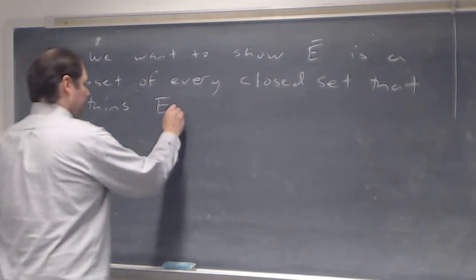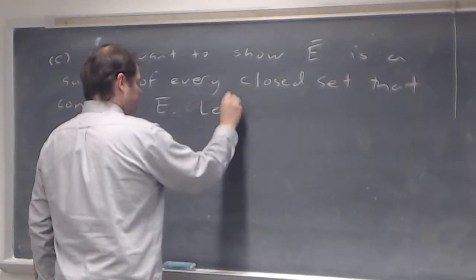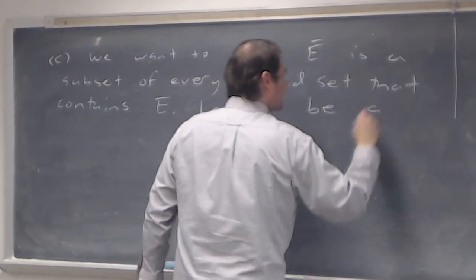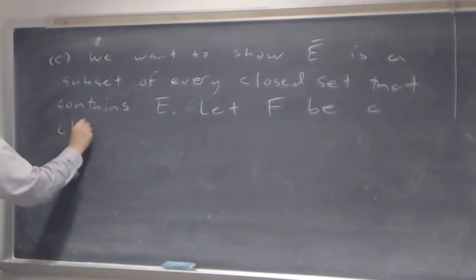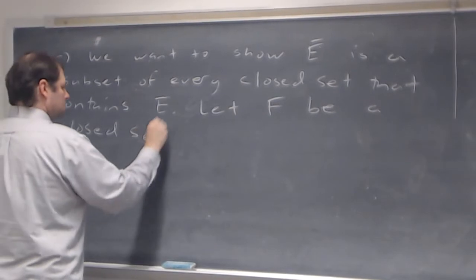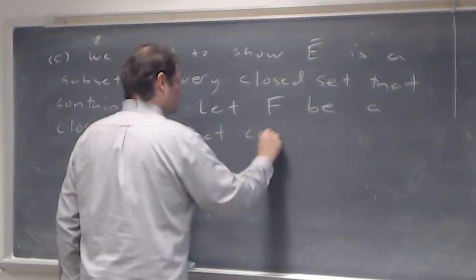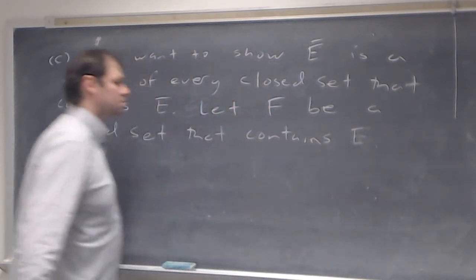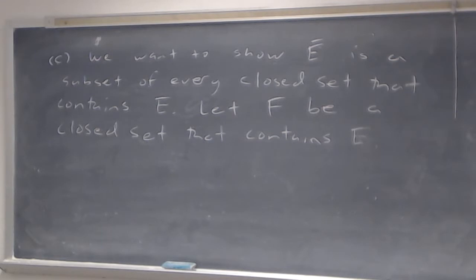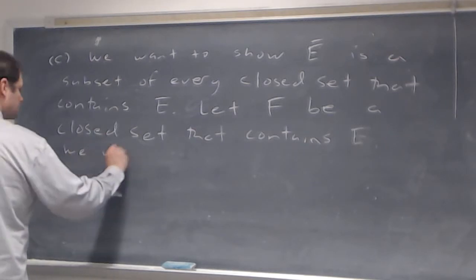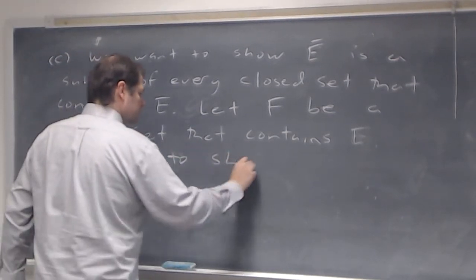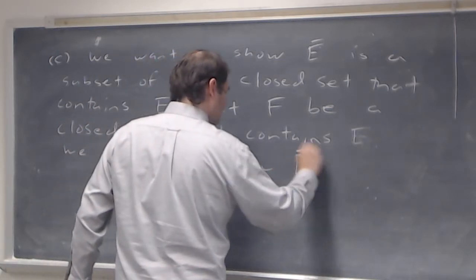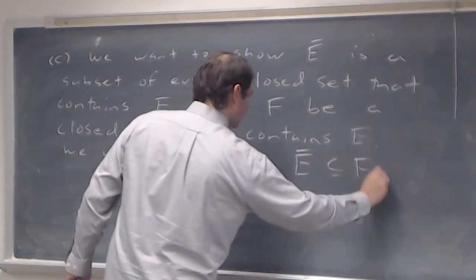So let F be a closed set that contains E. We want to show that E closure is contained in F.